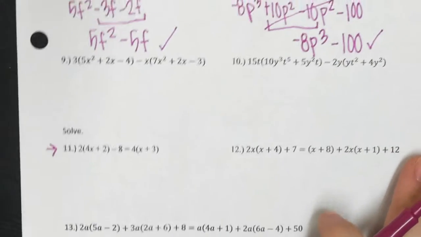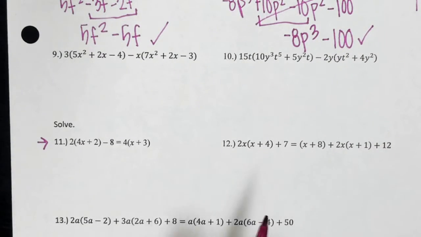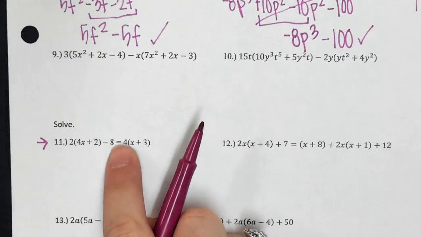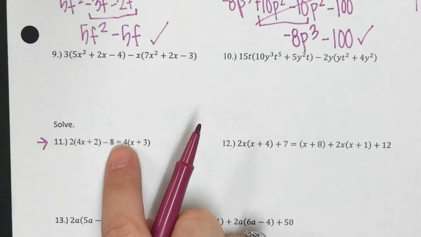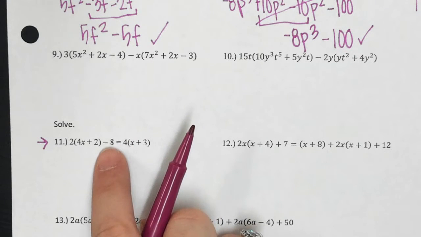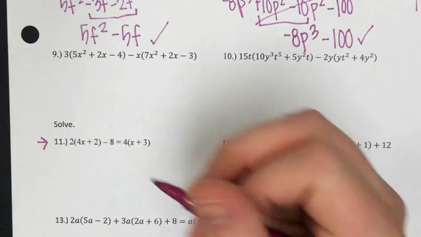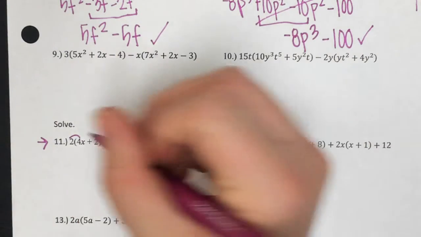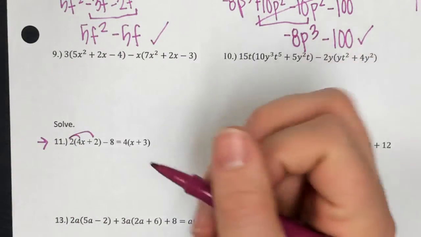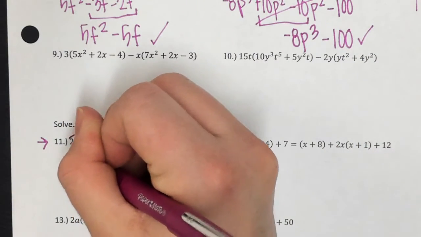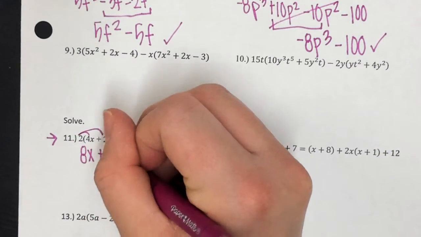Okay, number 11. The difference in number 11 is that there is an equal sign. Do you see it? There's two parentheses, a number that's not in our parentheses, and an equal sign. So if I distribute this 2 to everything in here, it becomes 8x plus 4.